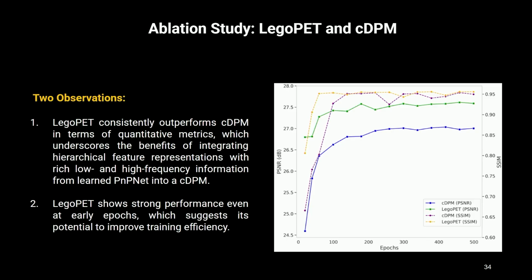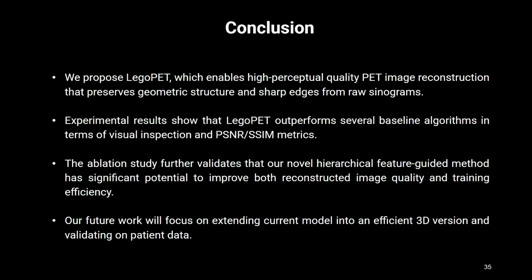The first is that LogoPET consistently outperforms CDPM in terms of PSNR and SSIM, which shows the benefits of integrating our feature module. And the second one is that LogoPET shows strong performance even at early epochs, which means it has potential to improve the training efficiency.